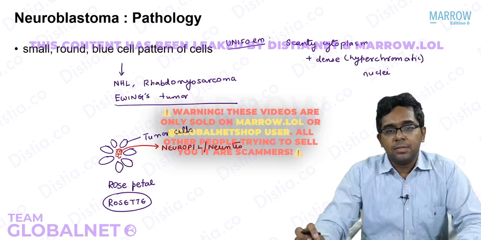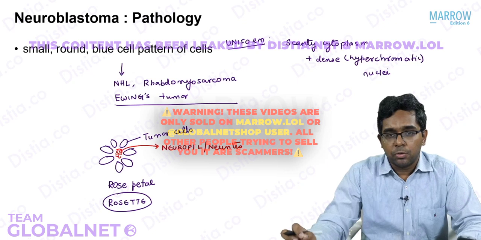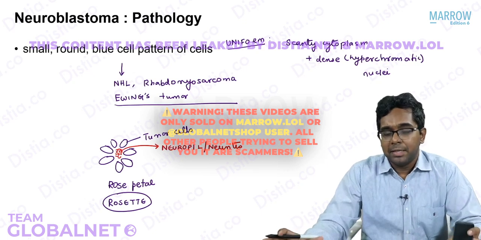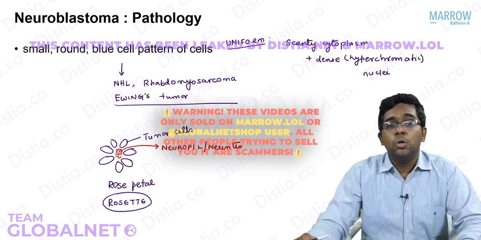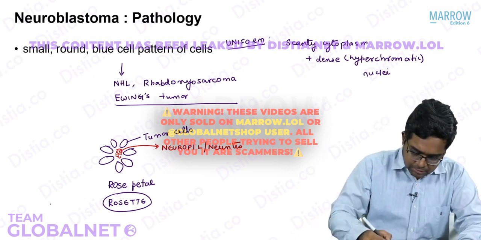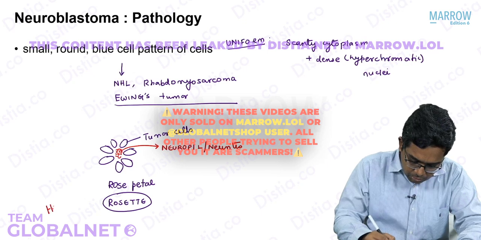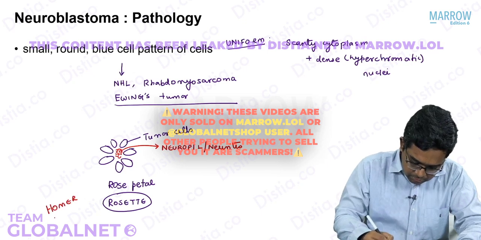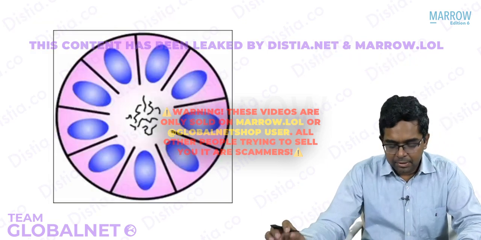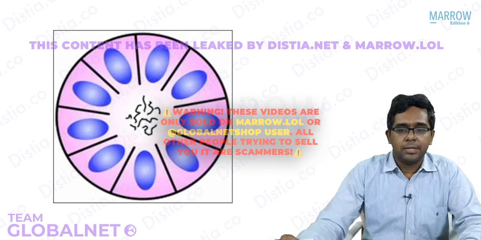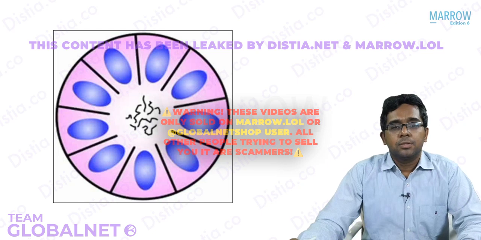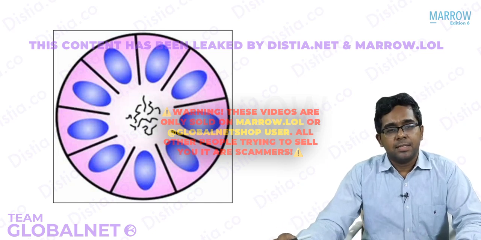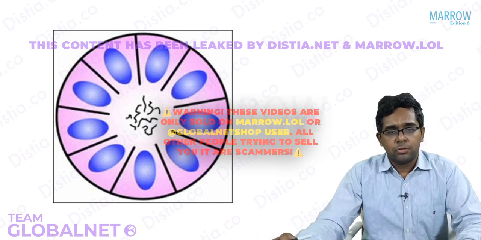So in the center, you have a collection of neuropil surrounded by petals of tumor cells. This is also called the Homer-Wright rosette. This is the diagrammatic representation of the Homer-Wright rosette, which I have just discussed. So that is about the pathological findings in neuroblastoma.